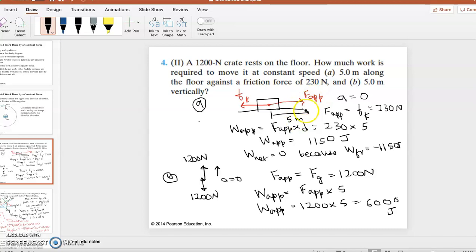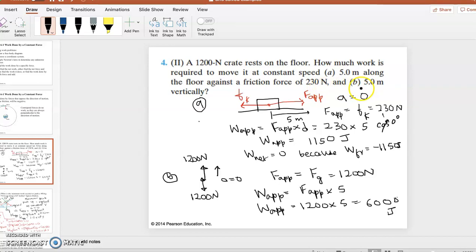What is the angle between the applied force and the distance? It's 0. So it is F applied times D times cosine 0, which is 1. So it is simple. The only point here that you have to get is that the applied force is equal in amount to the friction force, to overcome the friction force, basically.